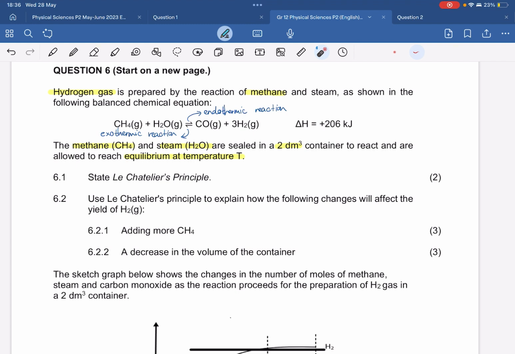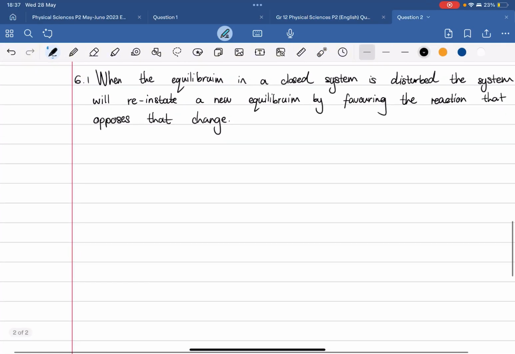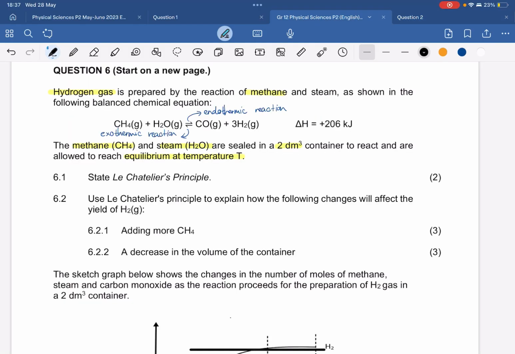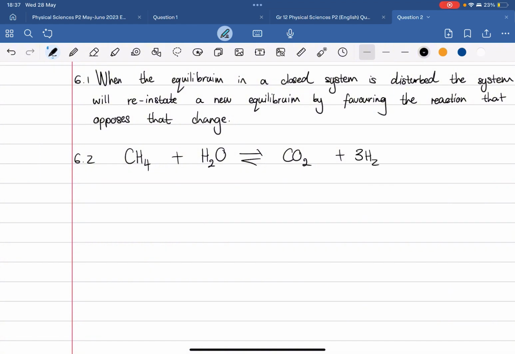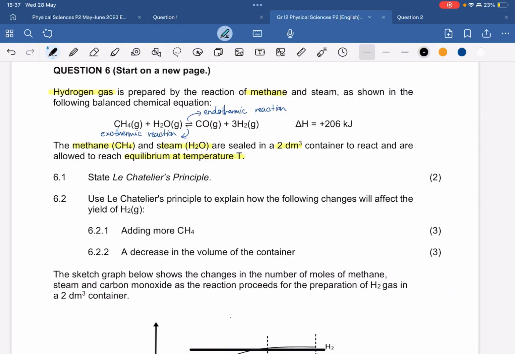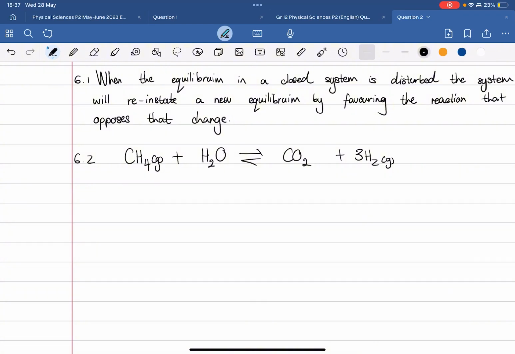So let's maybe rewrite that chemical equation. So there is our chemical reaction.